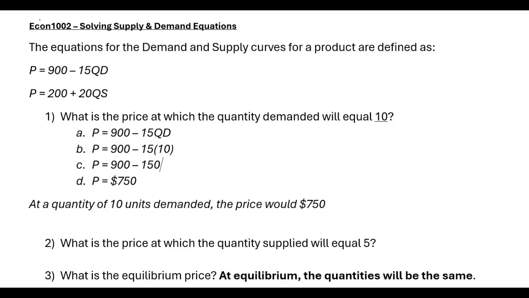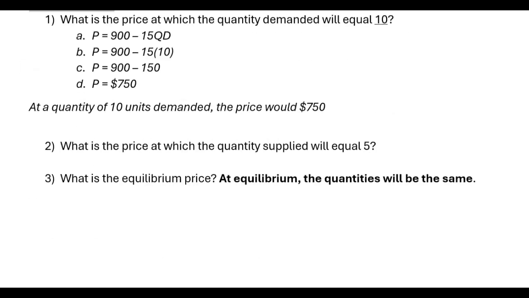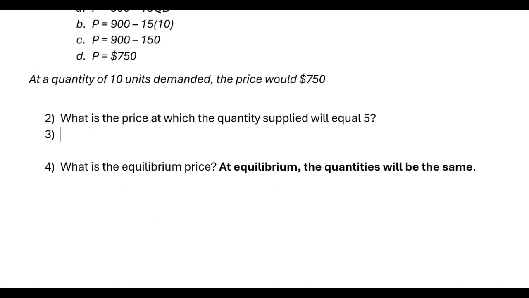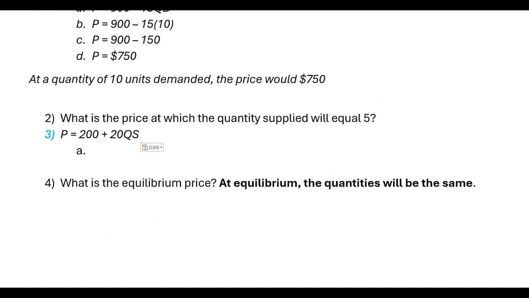And we can do the same thing for the quantity supply curve. At what price would the quantity supplied be equal to 5? So once again, I'm just going to substitute. So the price is equal to 200 plus 20 times the quantity supplied. The quantity supplied is 5 units.